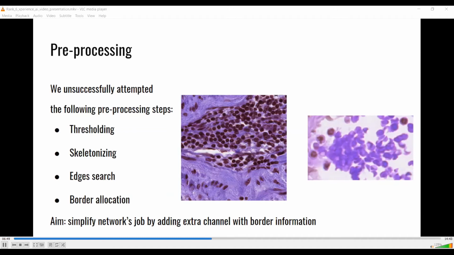Usually, to utilize border, images are thresholded, skeletonized, edges are gained with the help of some methods, for instance, Canny algorithm. A few different morphological operations are applied on image and so on. After that, the width of the contours is then calculated with respect to the cell's area, and these borders are passed into the network as the next channel with information to improve final predictions.